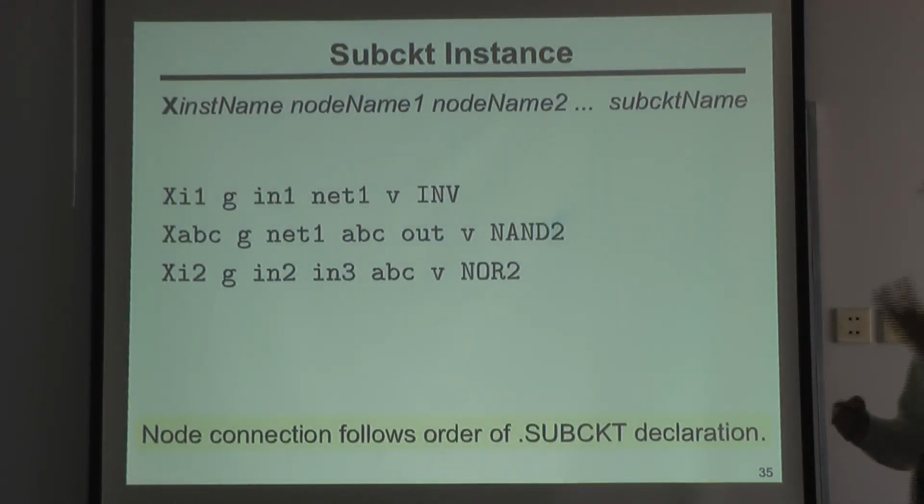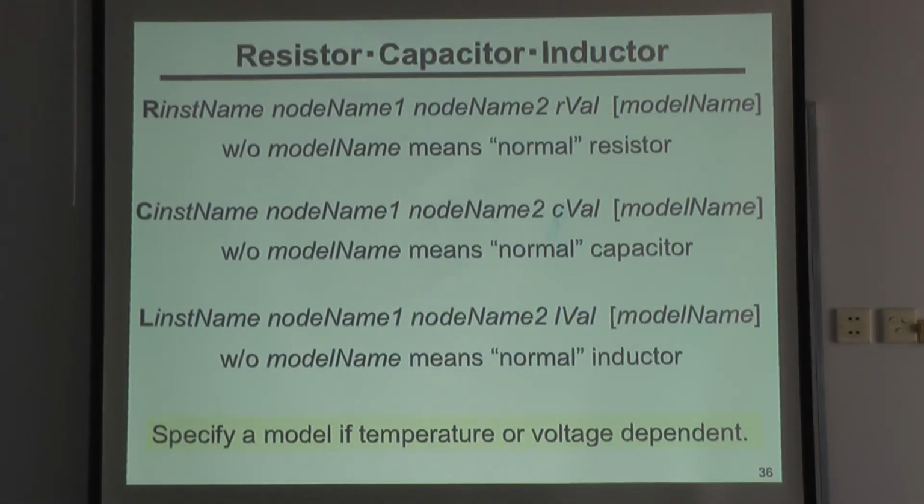Subcircuits can be instantiated by using X. So the inverter subcircuit is instantiated using X with instance 1, and the connectivity is like this. Also we have resistors, capacitors, and inductors, which are R, C, and L.